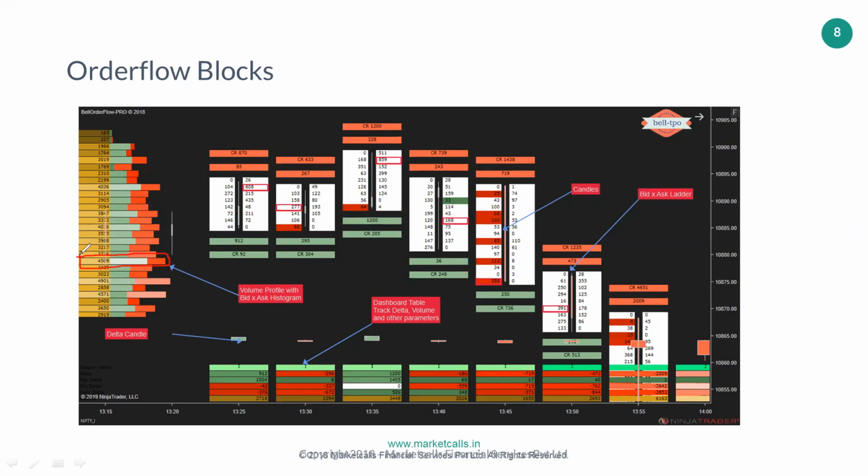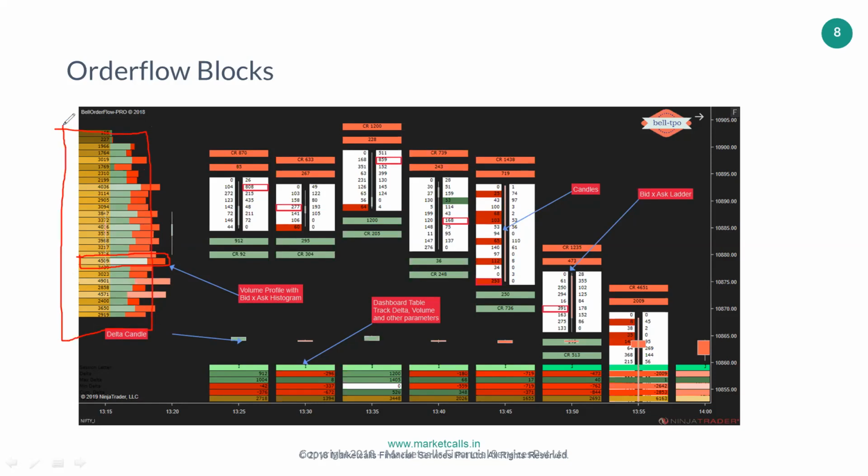Whichever is the higher volume, we call that the volume point of control. That is the equilibrium point where most of the trading activity happened. The bid and ask bifurcation at each price level is also shown in the form of a histogram. That is what you see on the left-hand side. Do you have any confusion with that?